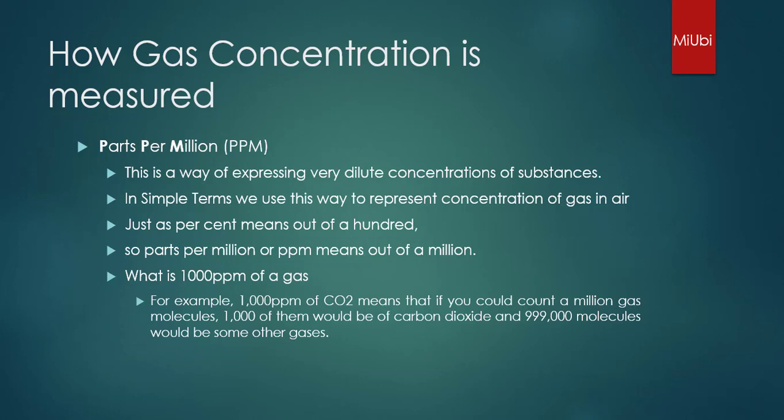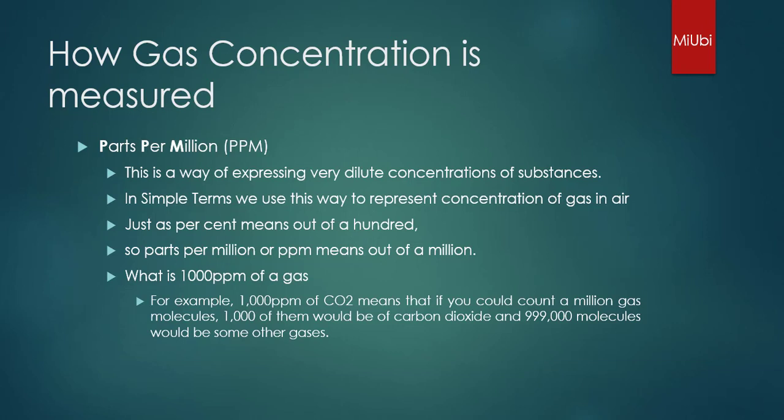Now, coming to concentration measurement, usually when we talk about measurement of gas concentration, we do it in terms of ppm, which stands for parts per million. Parts per million means you have a million gas molecules, among which you count how many are your particular gas molecules. For example, we want to measure CO2 in a particular environment, and you measured something and got 1000 ppm.